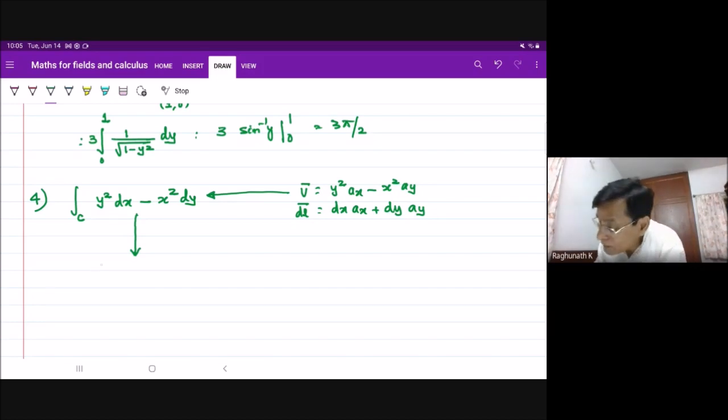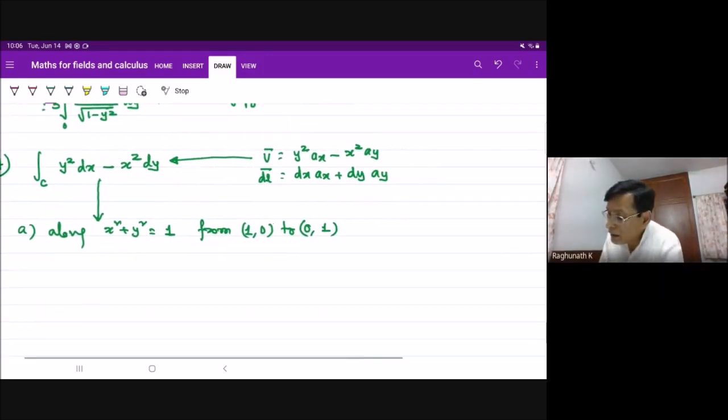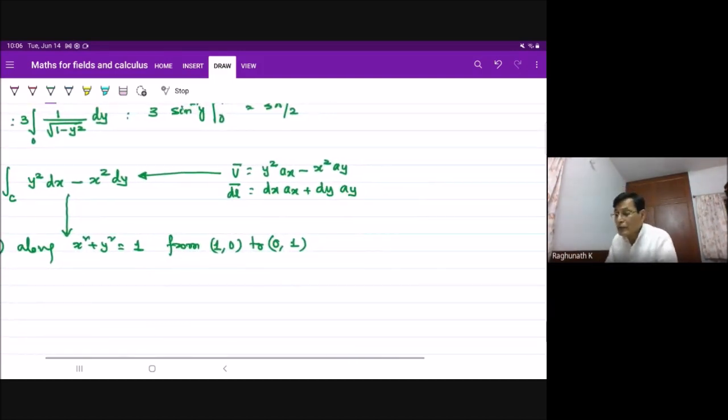Along x square plus y squared is equal to 1 from specific 1 0 to 0 1. Carefully listen. What is it along in terms of x?